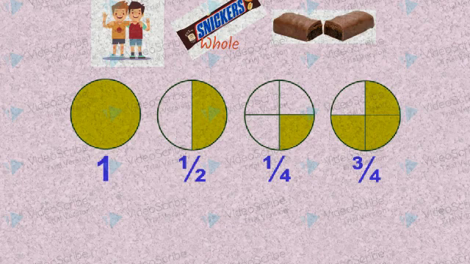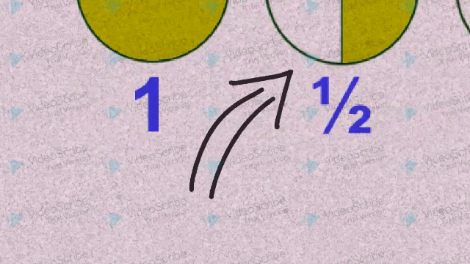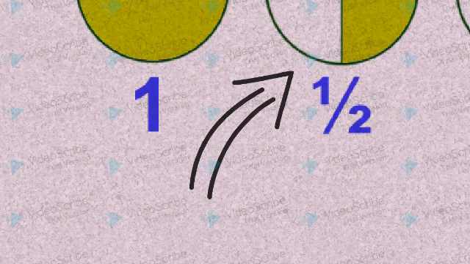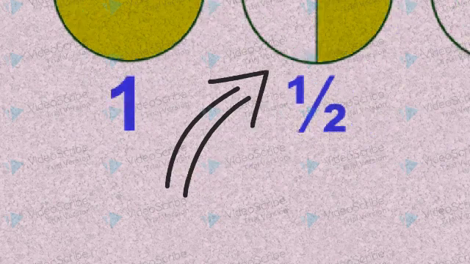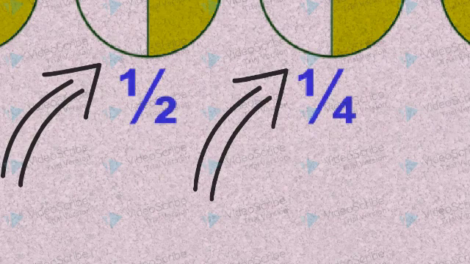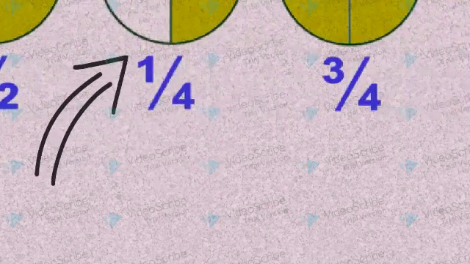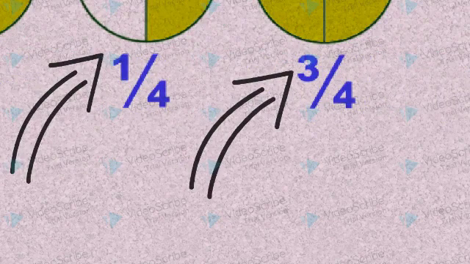And the meaning of the fraction is how many parts are colored or shaded in the whole. Whole means 1. 1 over 2 is a half, 1 over 4 is a quarter, 3 over 4 is three quarters.